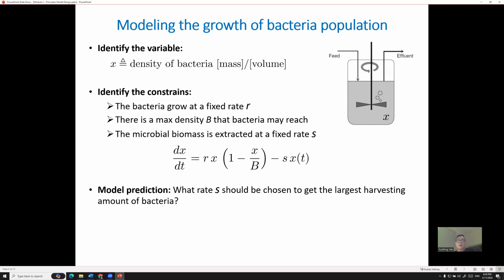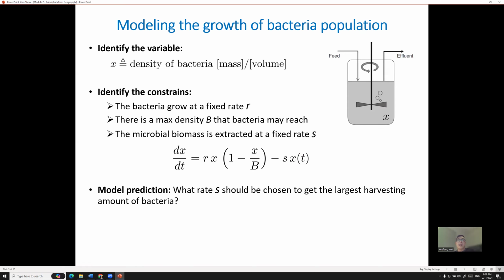So now we have a model. This model tells us the density x will reach equilibrium, and that such equilibrium depends on the balance between the rate of growth or production of bacteria R and the rate of removal of bacteria S in the chamber. So how can we use this model for a design purpose, which is to answer the question I raised earlier?